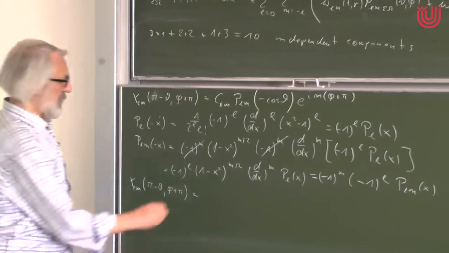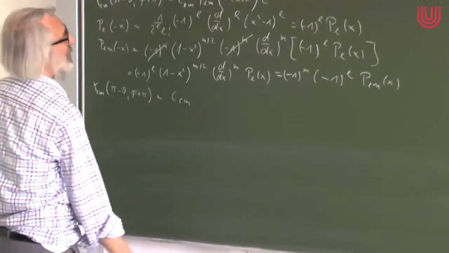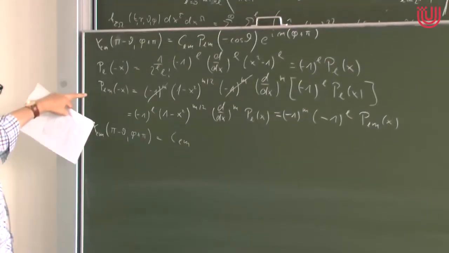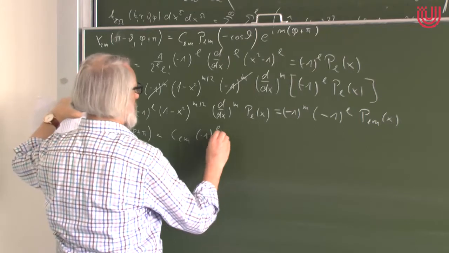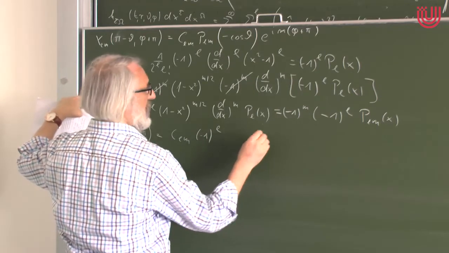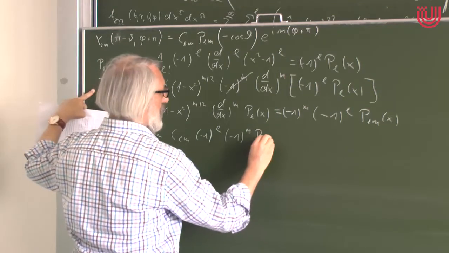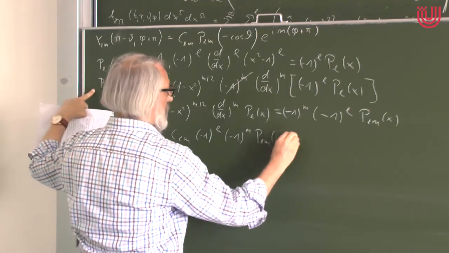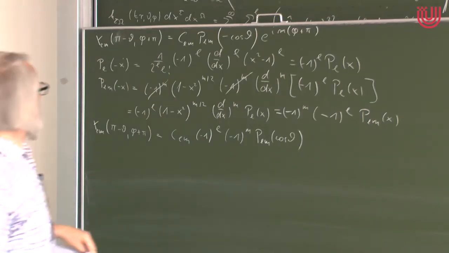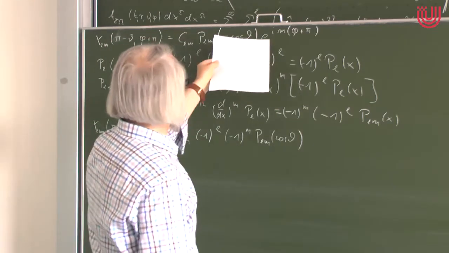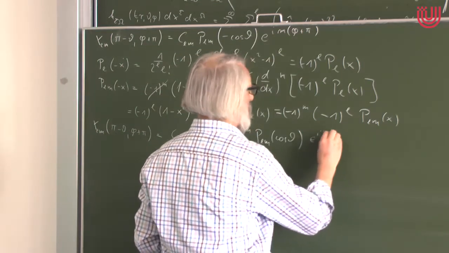So CLM, PLM of the negative argument, that's what I've calculated here. That's minus 1 to the L, PLM cosine theta. And that's the PLM, and then the e to the I m phi.